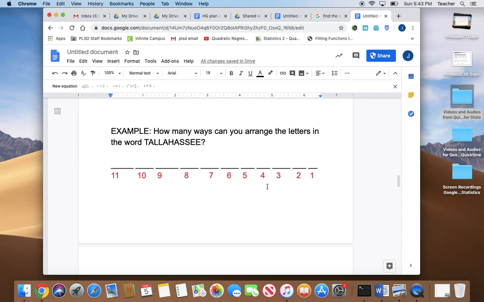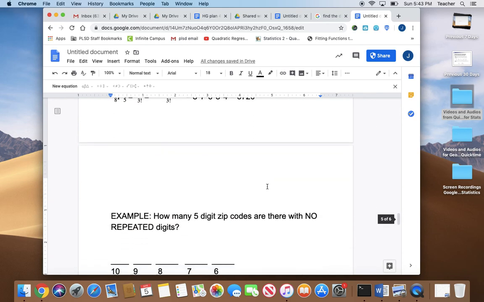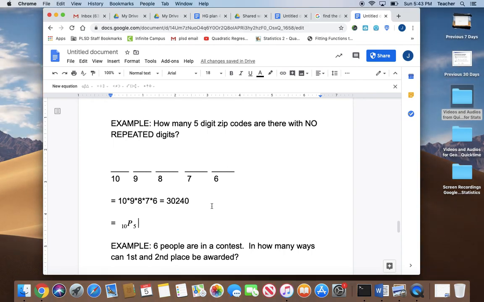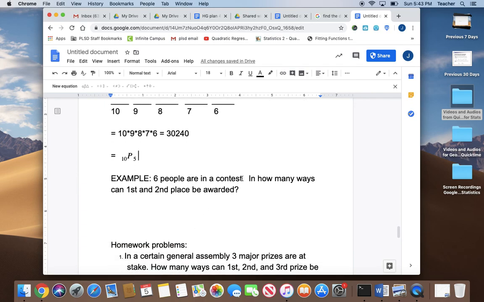None of the digits are repeated. So 10 permute 5 would still give you the same answer of 30,240. So this says 6 people are in a contest.